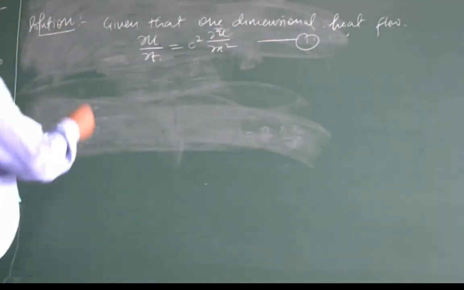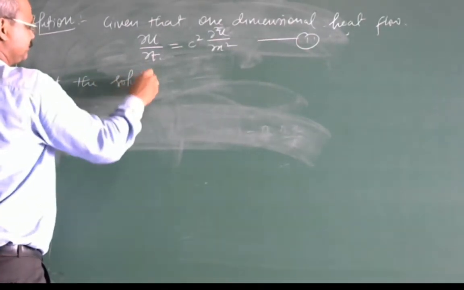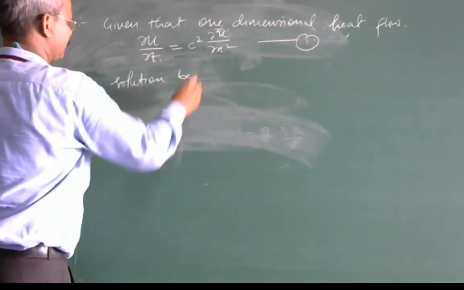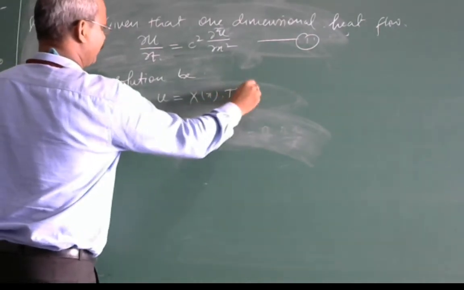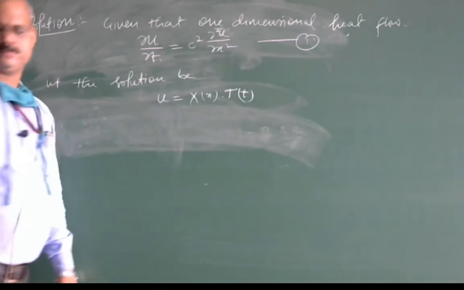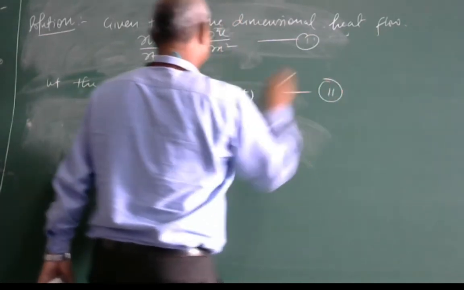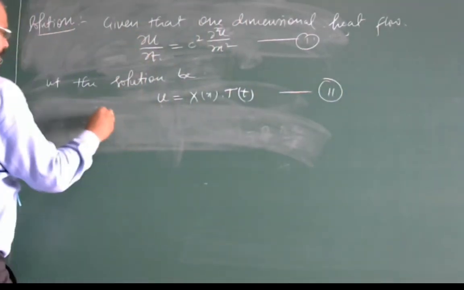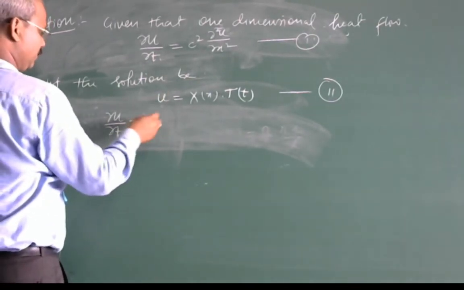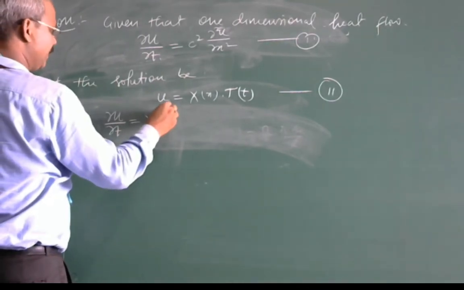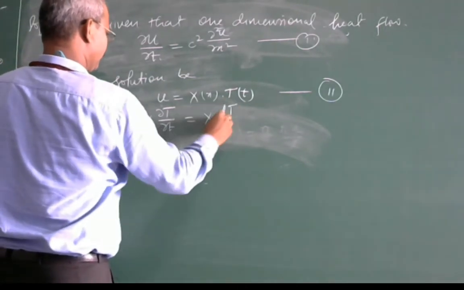So now let the solution be u equal to X(x) into T(t). Okay students, this is equation number 2. With the help of this we can find del u by del t equal to X dT by dt.